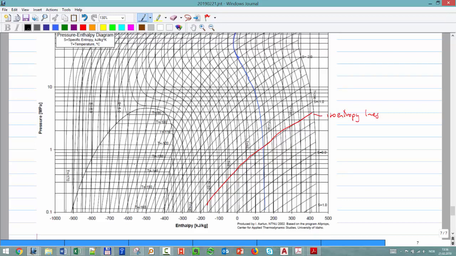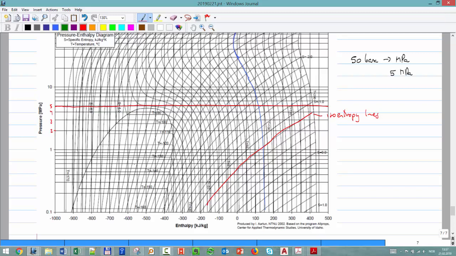How much is 50 bar in megapascals? Simply 5, right? So that will be 2, 3, 4, 5. So that's the line for 50 bar. And the inlet temperature was 20.